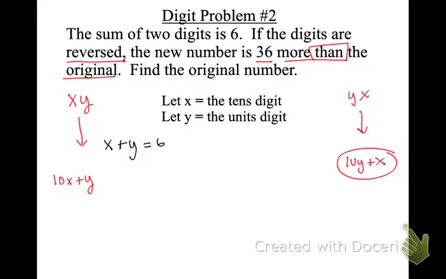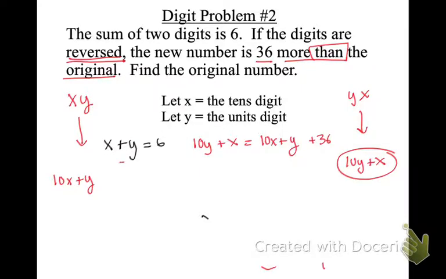And the other equation is reverse value, 10y plus x, that's the reverse value, is equal to 36 more than, plus 36, original value, 10x plus y.